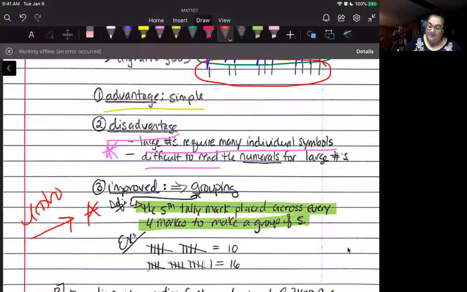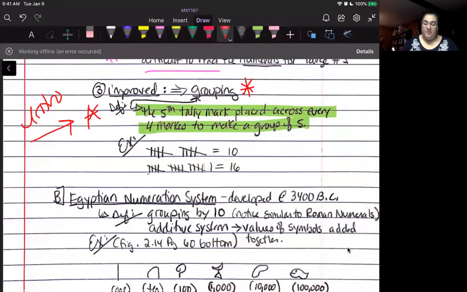And this concept of grouping is very important because the other numerical systems that you're going to see, that's what they did too, to help improve the quality of the number system they were using. They found ways of grouping things, creating in essence their own place value, so that calculation and things like that would be easier, okay? And you all are familiar how we group the tally system. We group it in groups of 5, right?